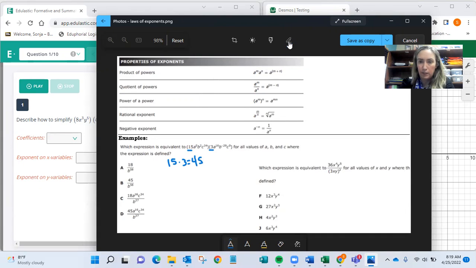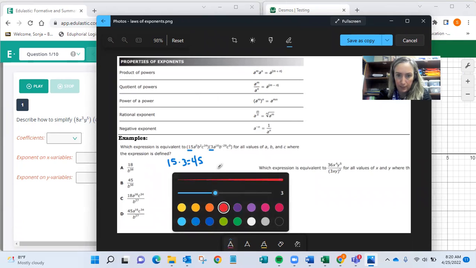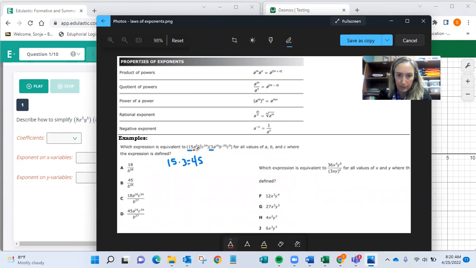But then if I'm looking at the A's, so I have A0 and A16. Anything to the power of 0 is 1. So that would just be A16.